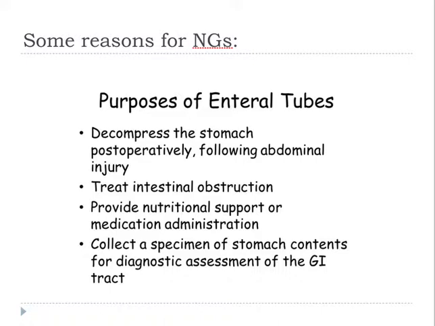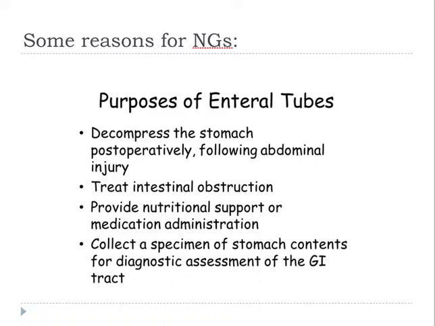So we can put an NG tube down there and suck out the secretions. And by decreasing the secretions, it also slows down how much the GI system is working. And that can also help to treat intestinal obstruction.